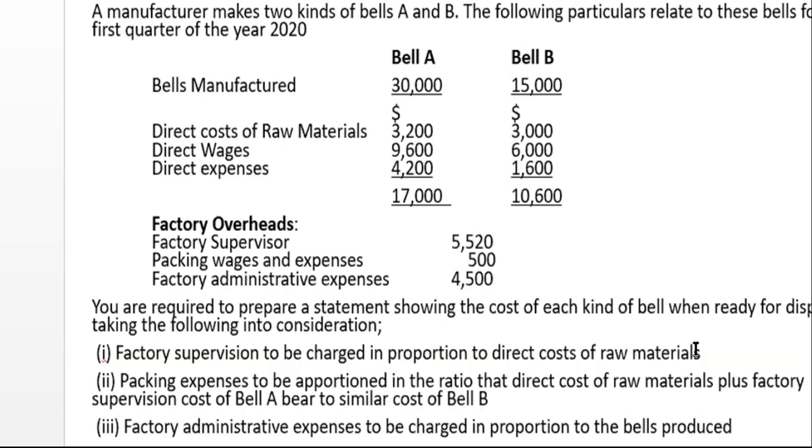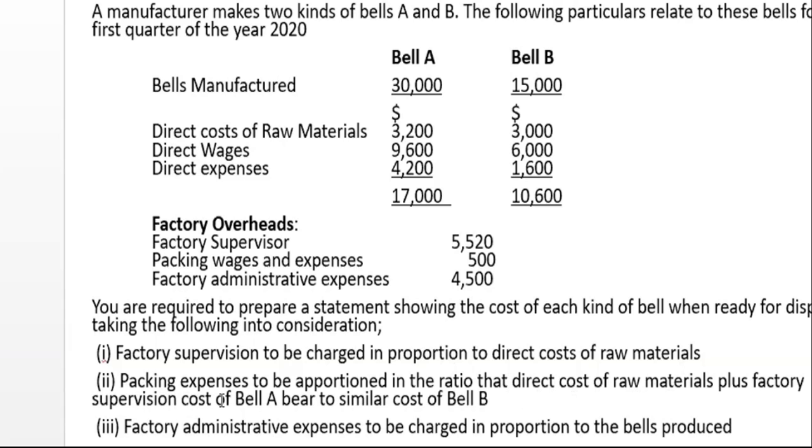That will be the portion for bale A. The portion for bale B will be 3,000 over 6,200 times 5,520. So when you do that, you'll be able to get what you need to provide for bale A and what you need to provide for bale B. The next slide shows all those workings and how the figures came about.